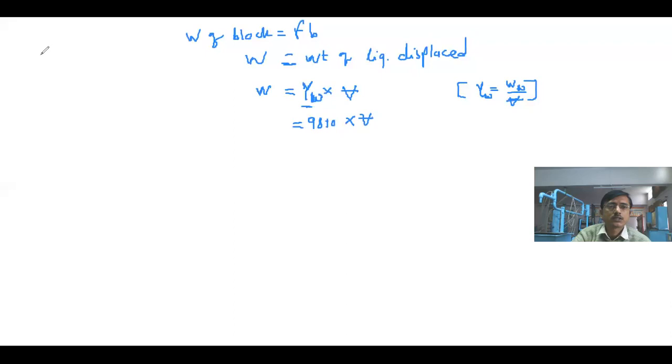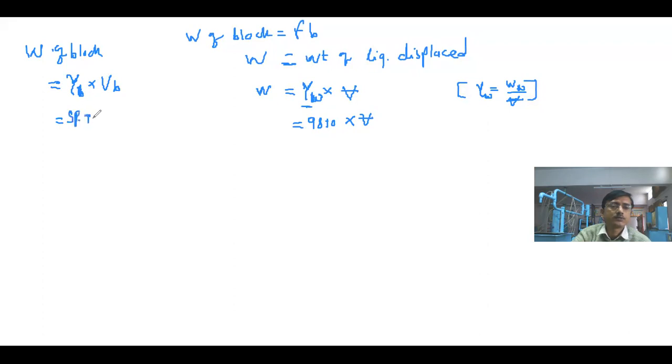How did we get the weight of the block? It is equal to weight density of block multiplied by volume of block, right? How did we get the weight density of block?